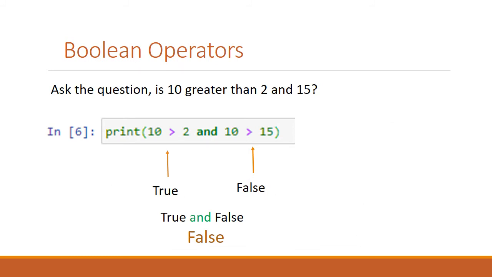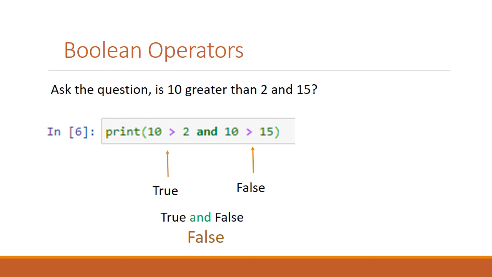So let's say we want to ask the question, is 10 greater than 2 and greater than 15? So we could write the expression, we're just going to print it to the output. 10 greater than 2 and 10 is greater than 15. So let's see how this is evaluated. The first thing that the processor does is it evaluates 10 greater than 2, and that's true.